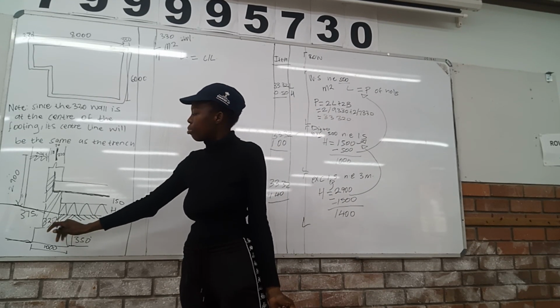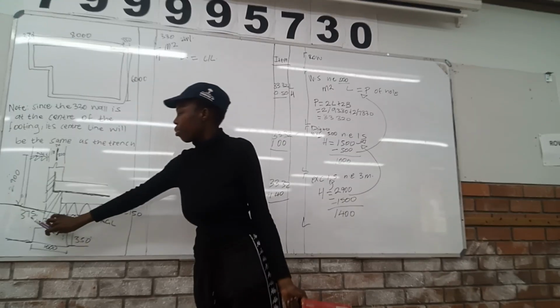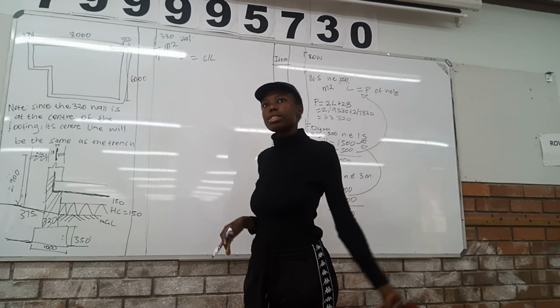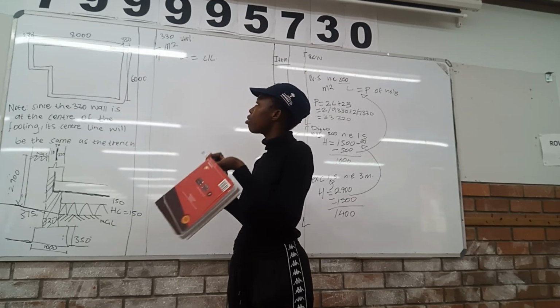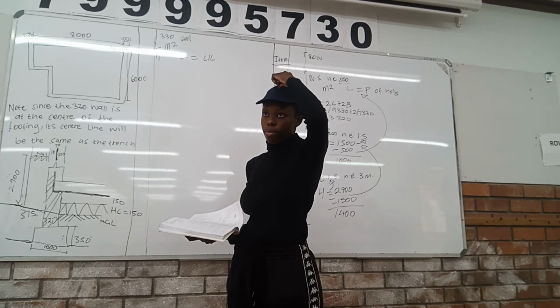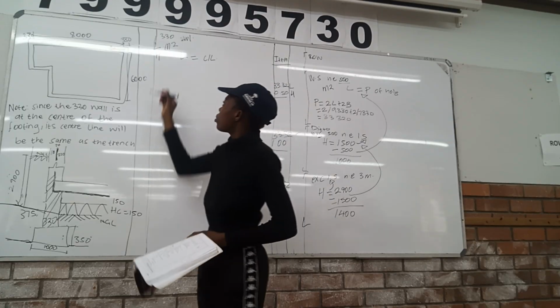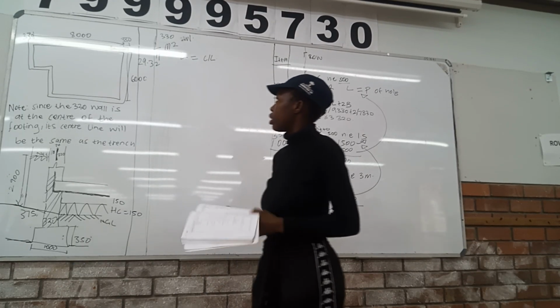And because the 330 is in the middle of our footing, it shares the same center line with the concrete footing. So check on your collection what is the center line of the concrete footing. 29.30. So that is the length of the 330 wall.